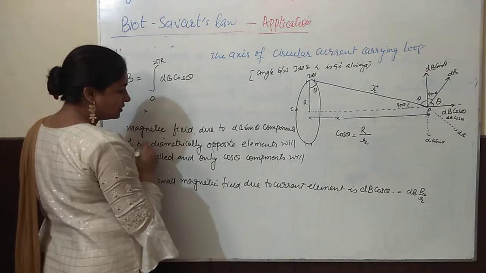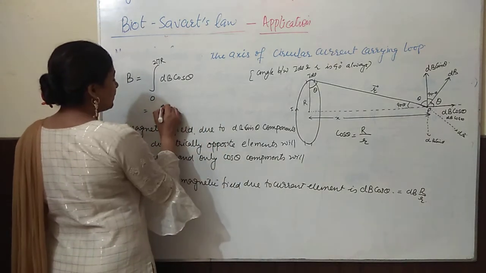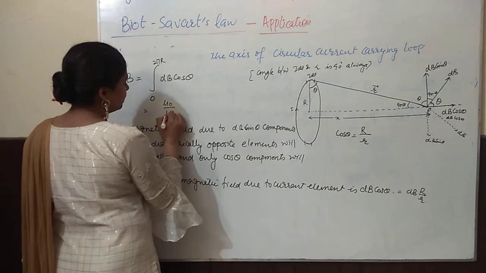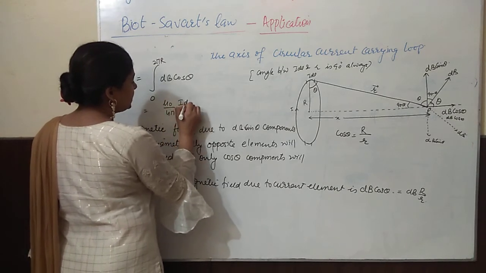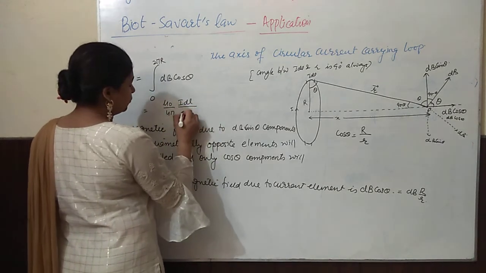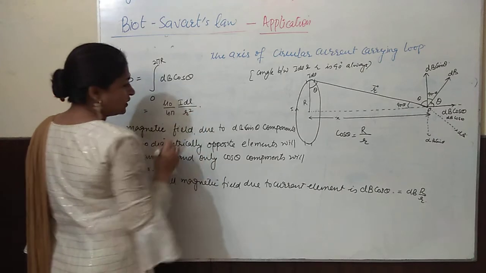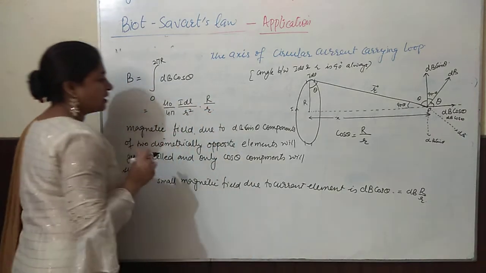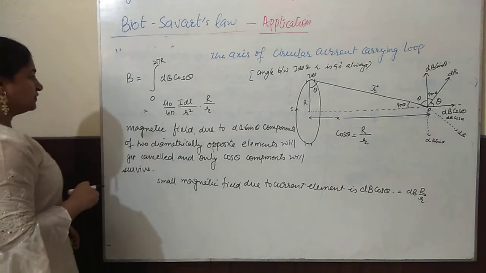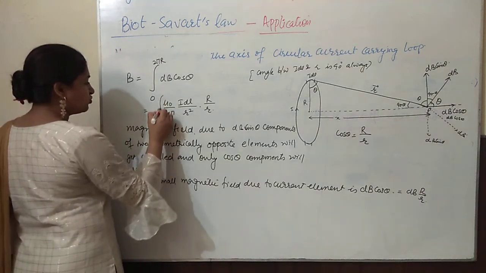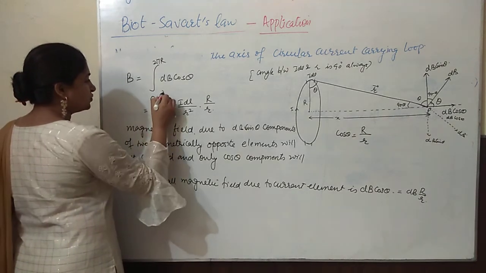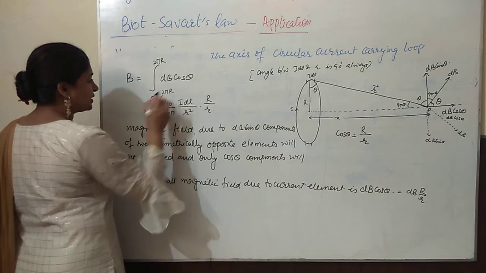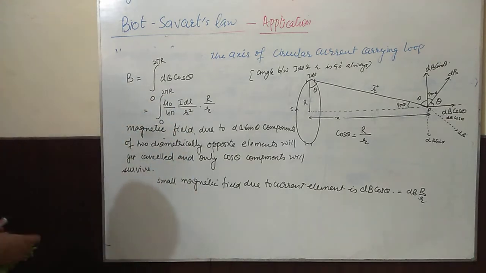What is dB here? dB we had written as mu naught over 4 pi, I dl sin theta, where sin theta was 1, over r square. And cos theta is capital R over small r. So this is the expression of the total magnetic field, and this needs to be integrated from 0 to the total length of the loop, that is 2 pi r.